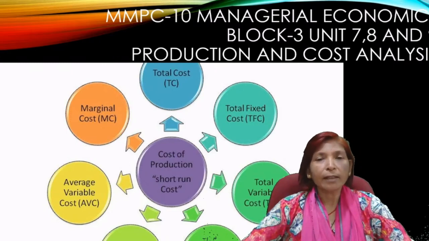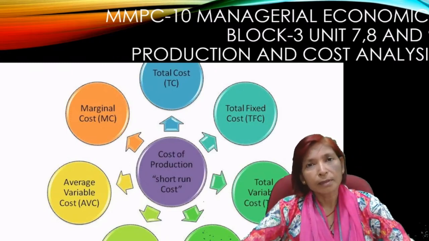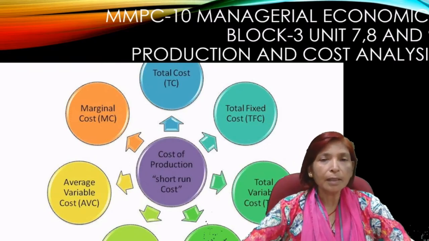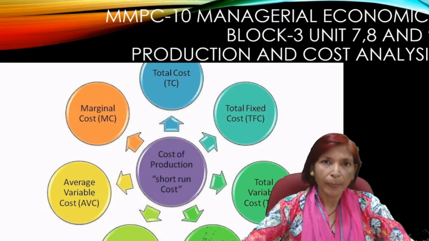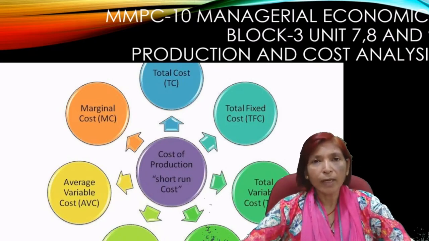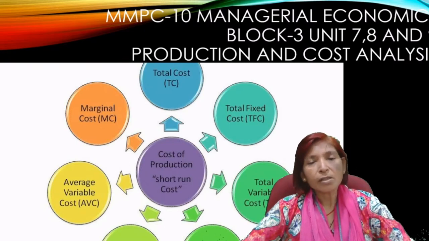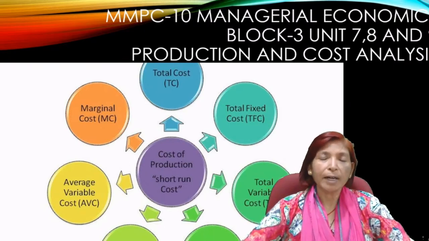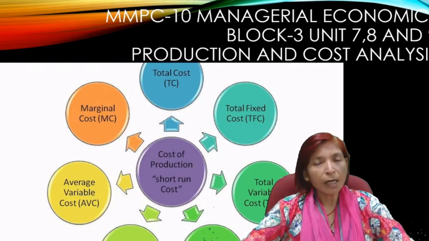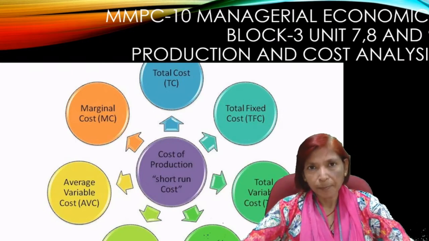We know that factors of productions are four. One is land, second is labor, third is capital, and fourth is entrepreneur. These four factors are known as means of production or primary factors of production. Without land, we can't produce any commodities.